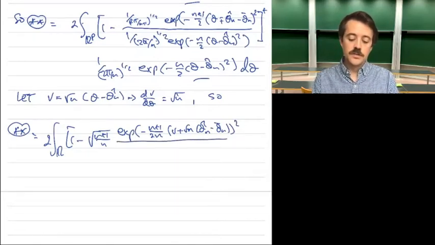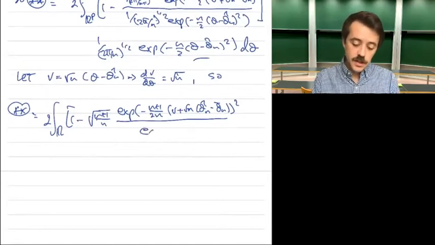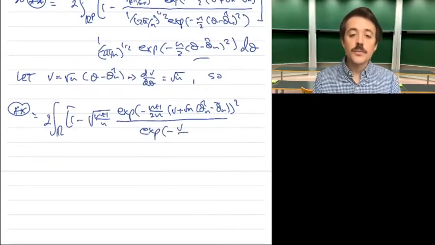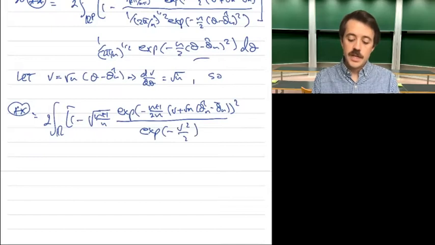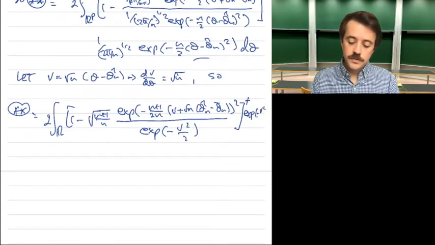Then we get this with the square, and the exponential of the halves, dv, and this is now over square root of 2 pi.